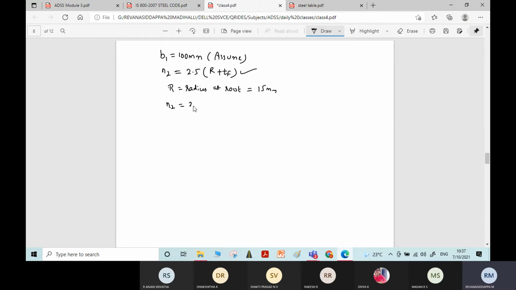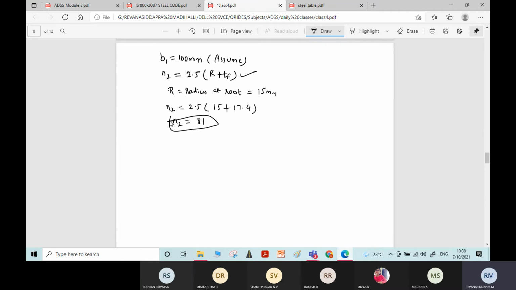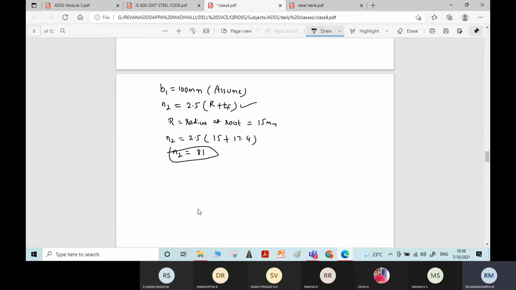N2 is equal to 2.5 into (15 plus thickness of flange, 17.4). How much will you get for the N2 value? Yes, 81.